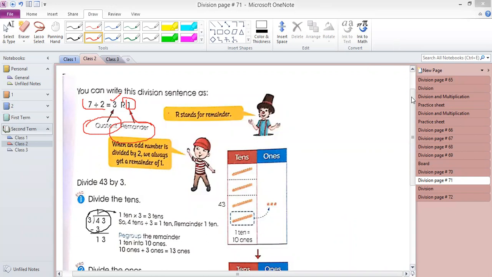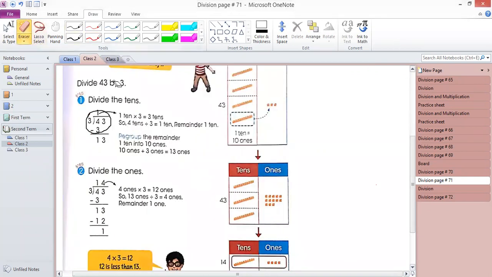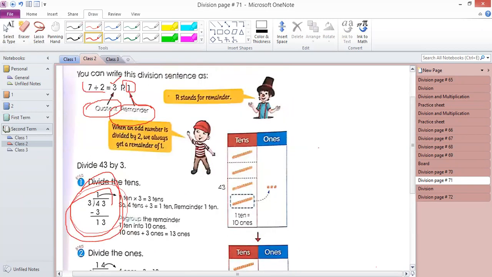Now, we are going to have one more example. If you are dividing 43 by 3, let's divide it, guys. This is 43 and this is 3. Don't need to worry about anything at all, guys.